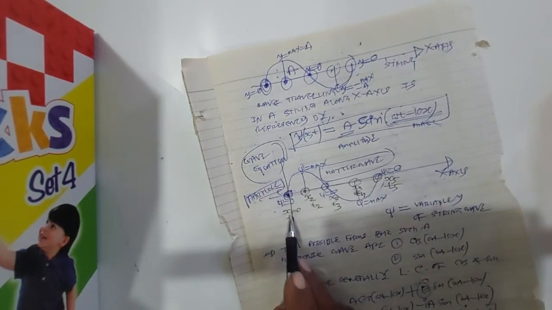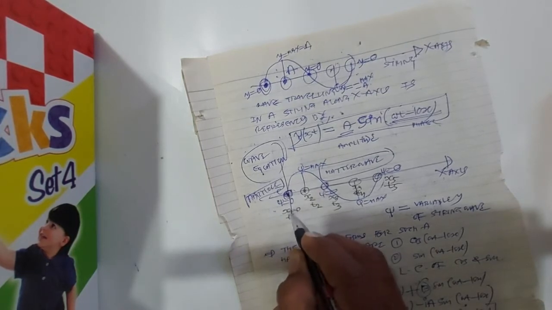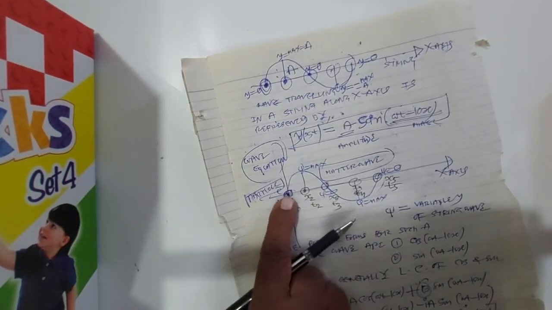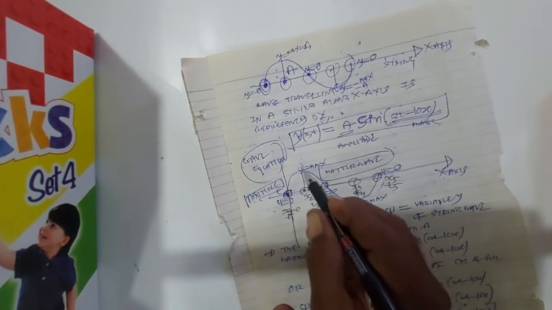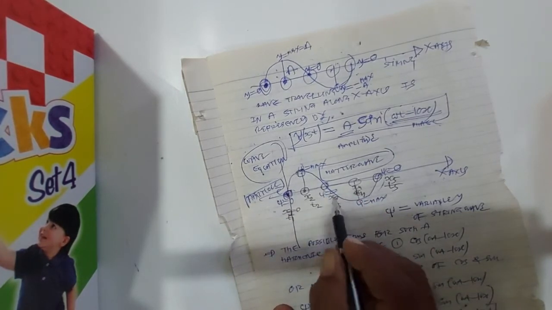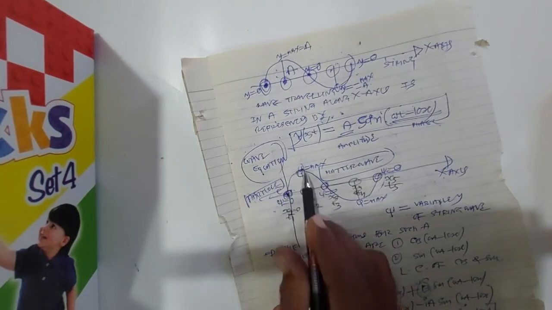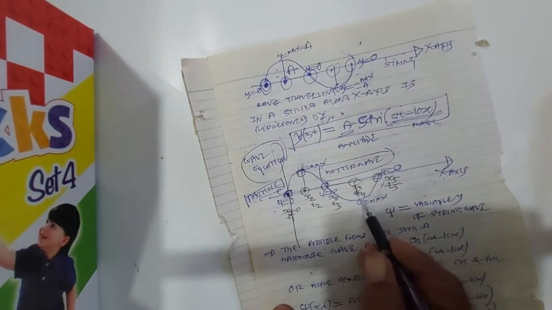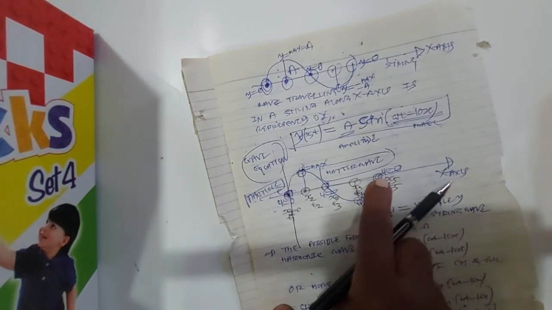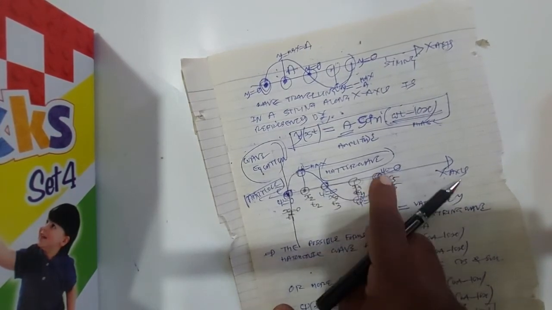You can see at position x1 and time t1 the value of psi will be 0. At position x2 and time t2 the value of psi will be maximum. At position x3 and time t3 the value of psi will be 0. At x4 and t4 the wave function will be maximum. And at position x5 and time t5 again the wave function becomes 0.